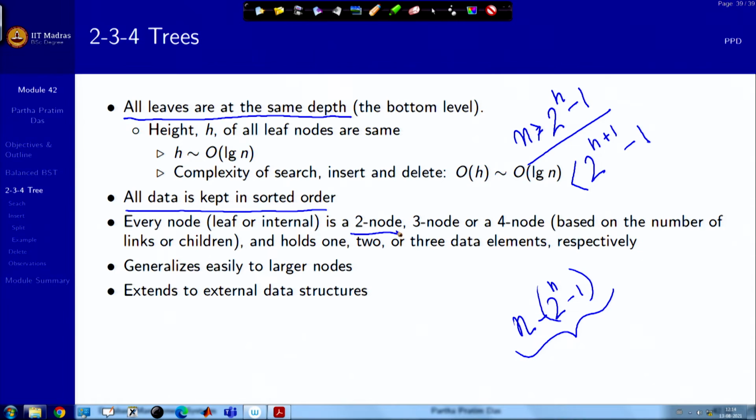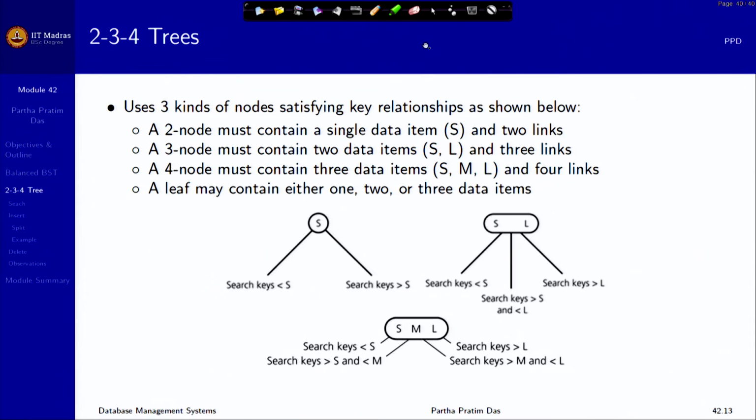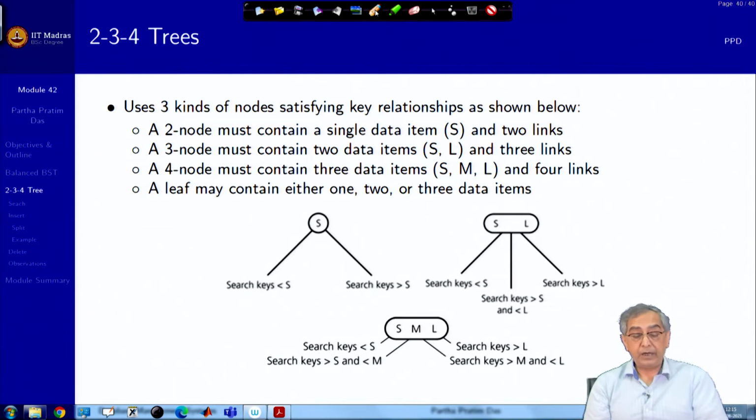So, instead of one node type, where the node has only one data value, we create 3 types of nodes. A 2 node has only one data value and 2 children, a 3 node has 2 data values and 3 children, and a 4 node has 3 data values and 4 children. And the idea is that the whole thing can generalize to larger nodes very easily, and therefore can extend to the external data structure. So, let us look at the concrete proposal.